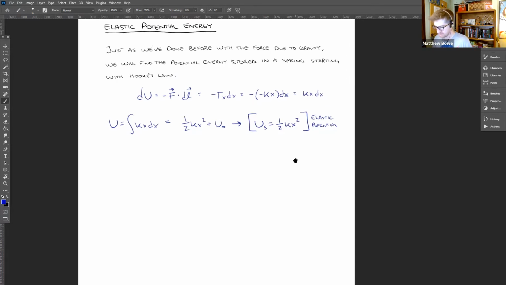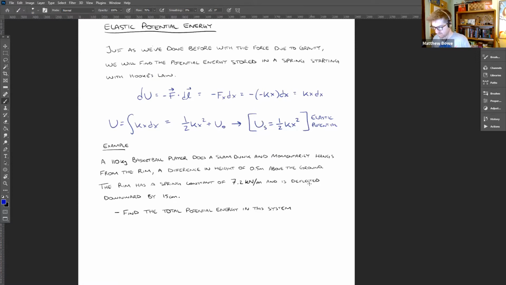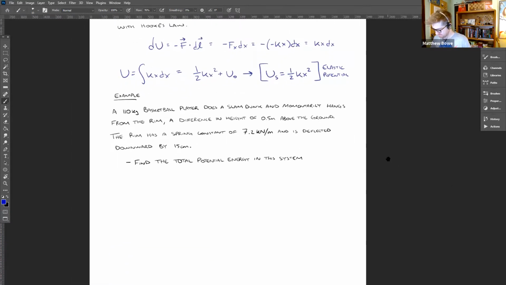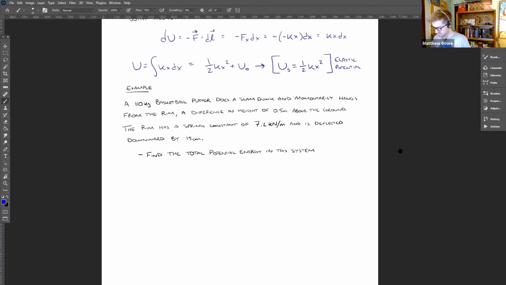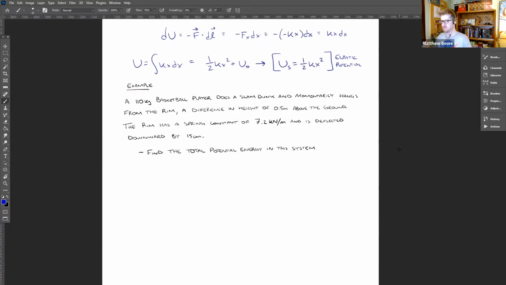Last little example for the day. We have a basketball player who does another slam dunk and hangs on the rim just for a moment after he makes the shot. This system has the person elevated above Earth's surface, holding on to the rim that's sort of spring-like.